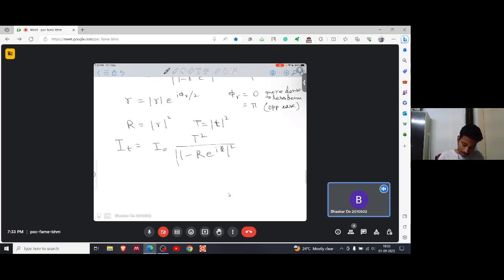So this capital phi is equal to phi plus phi r.